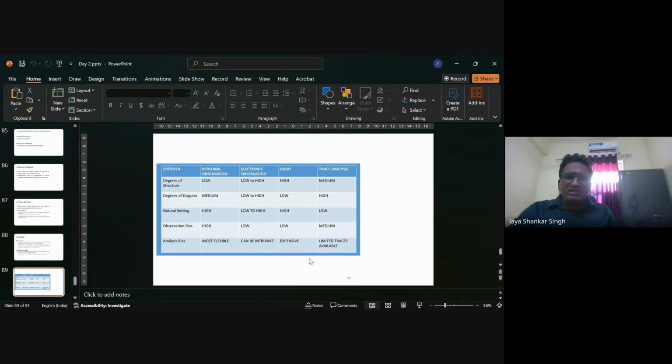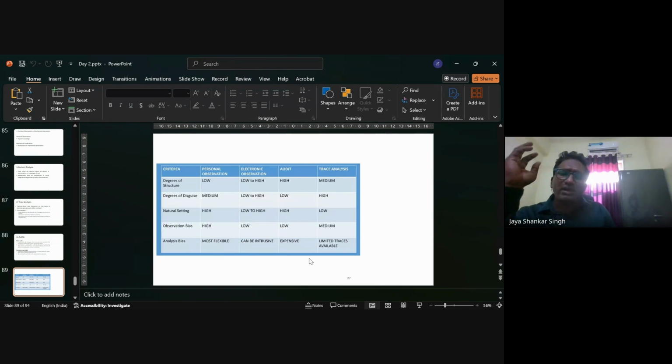So this particular slide gives you a thorough understanding of personal observation, electronic observation, audit, and trace analysis based on the degree of structure. Personal observation, obviously, has no structure. You're randomly walking around, observing things. In electronic observation, it can be low to high. Where can it be high?